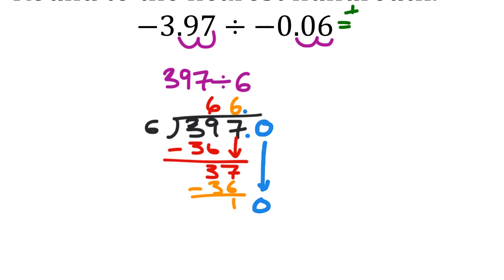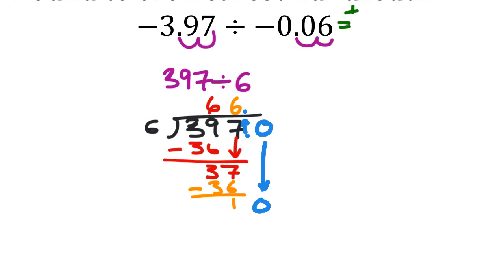Now remember, the decimal needs to go in the quotient where it is in the long division. So it just goes straight up from where it is in the numerator or the dividend. So I got 66 point something, and now I got a 10 to work with instead of just 1.